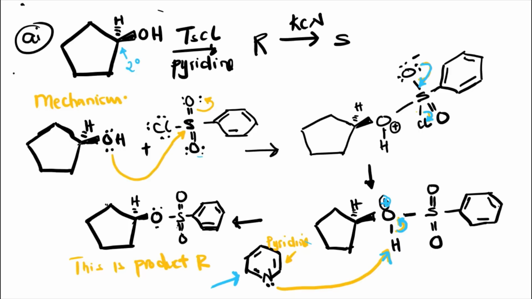The electrons attaching the oxygen and the hydrogen are going to break to the oxygen to neutralize this positive charge. So these are the products that you are going to get. Now, this is the product R, the product they wanted us to get.